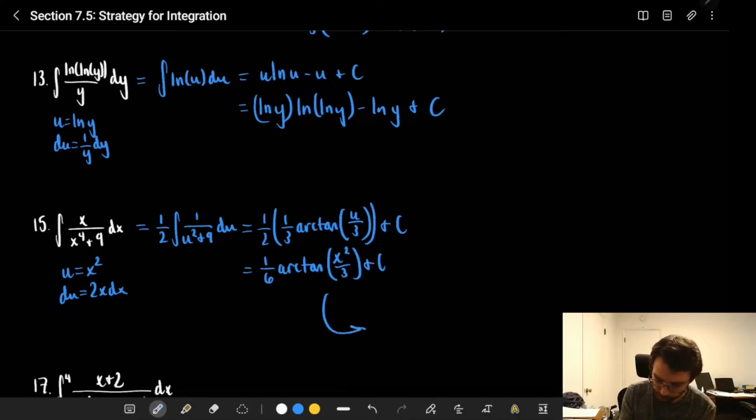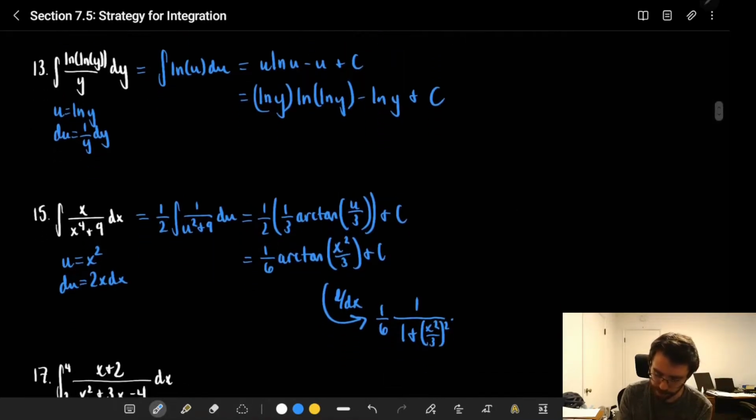And let's check that. You know, if you took a derivative, that would give you 1/6. Arctan differentiates to 1 plus whatever squared. Chain rule says I need to multiply by the derivative of that, though, so by 2/3 x. The c, of course, doesn't matter when I differentiate. And then if I work that out, you get a 2 on top when you multiply all those fractions.